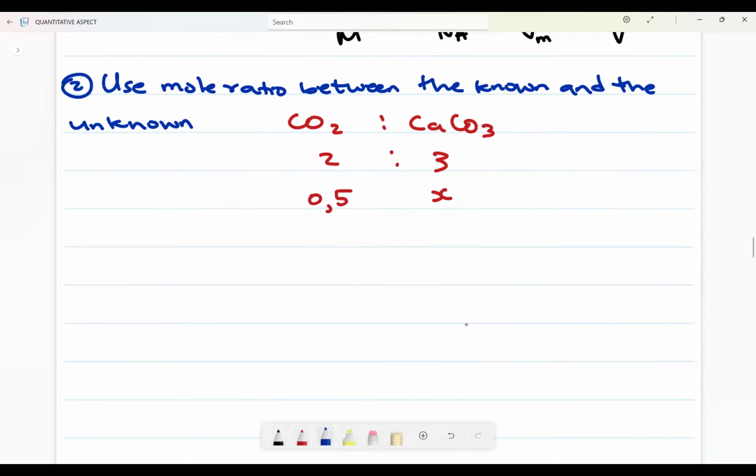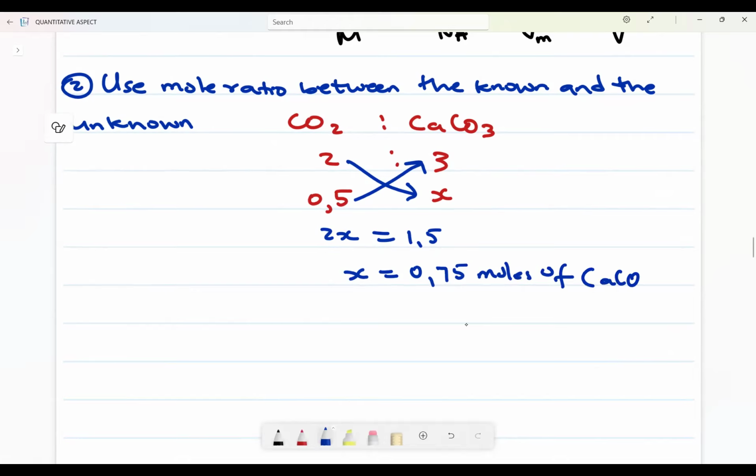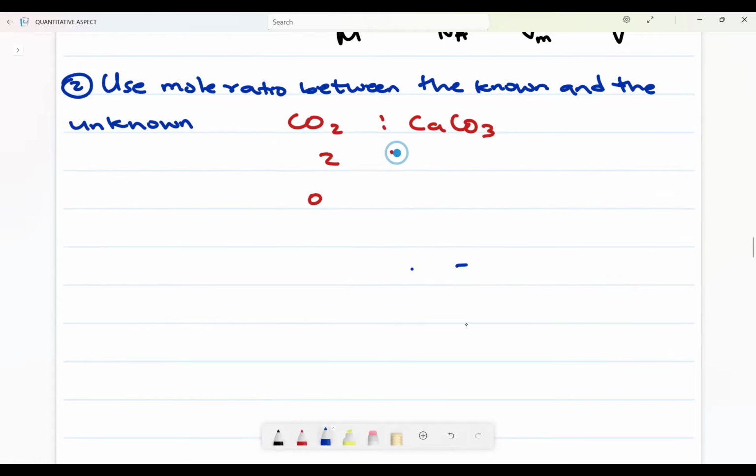So we cross multiply: 2 multiplied by x, 2x, is equal to 0.5 multiplied by 3, which is 1.5, and then x is going to be 1.5 divided by 2, which is 0.75 moles of calcium carbonate. So this is basically what we're going to be doing in the mole ratio.